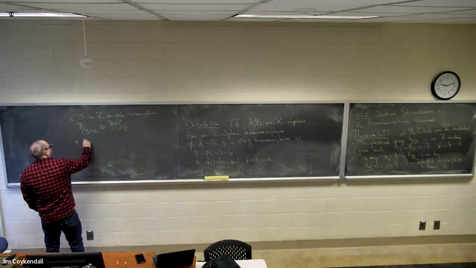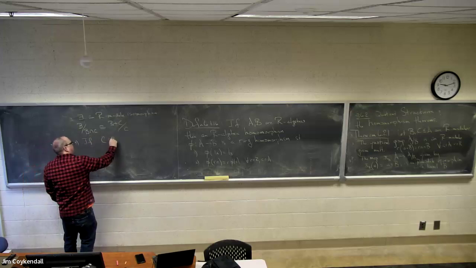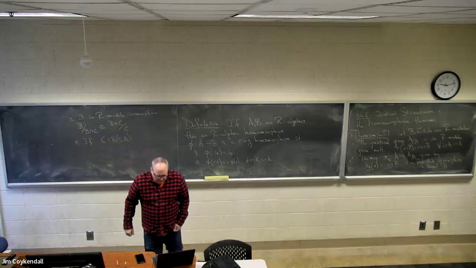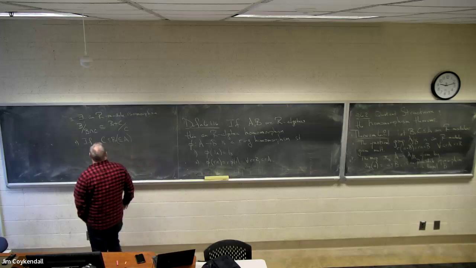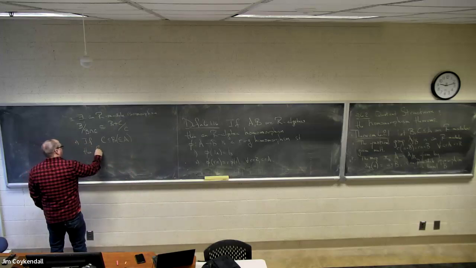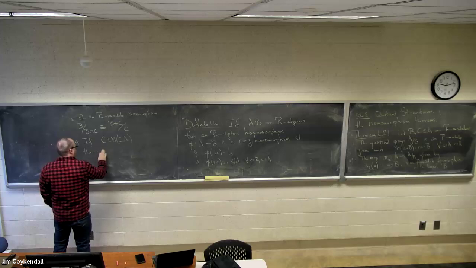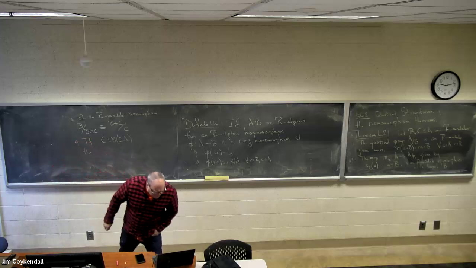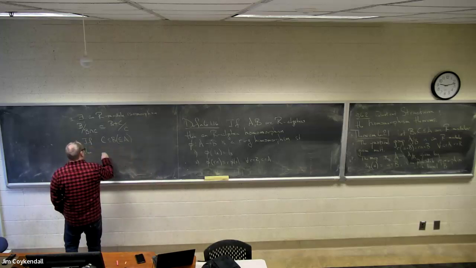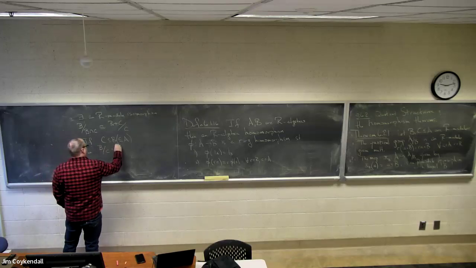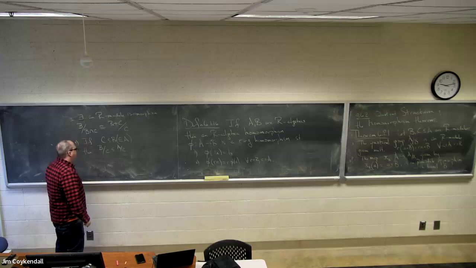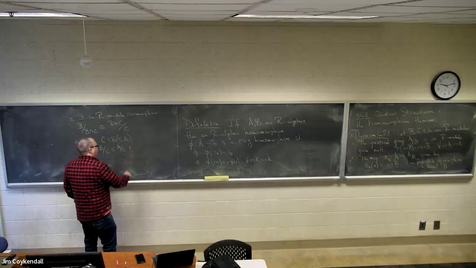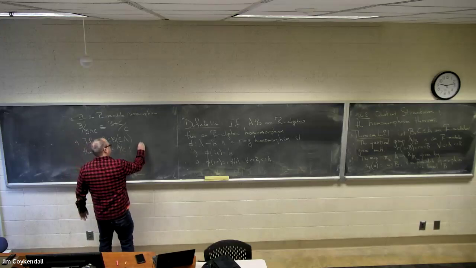And for C contained in B, and remember, by assumption, these are both contained in A, then B mod C is a submodule of A mod C. And it's natural to ask what happens when you mod out.